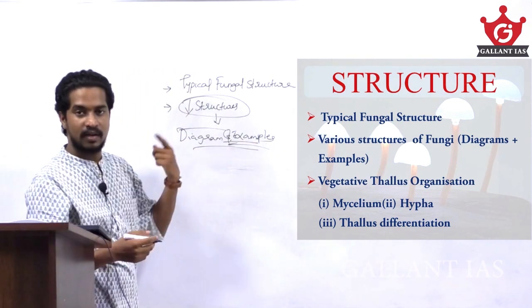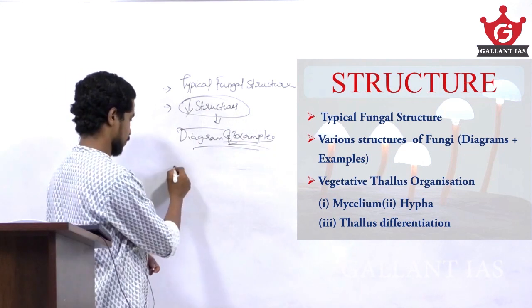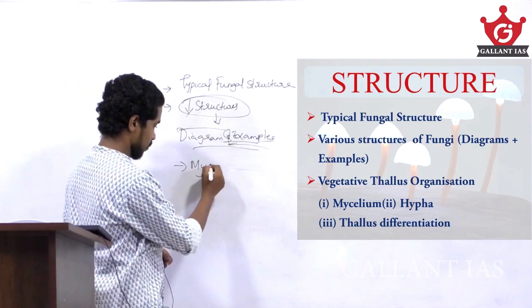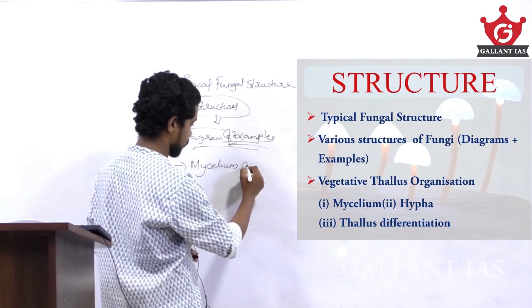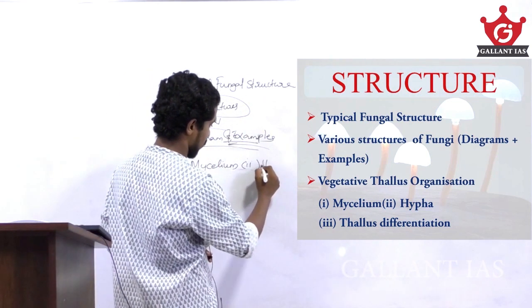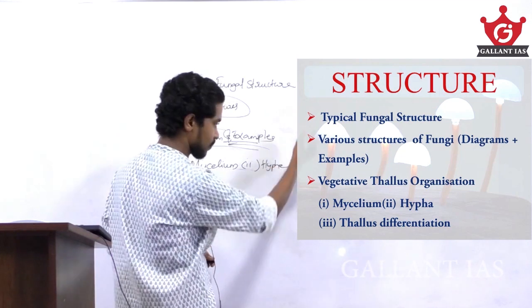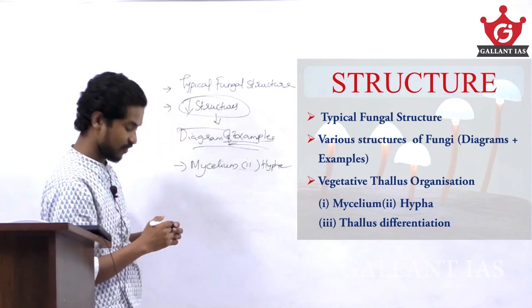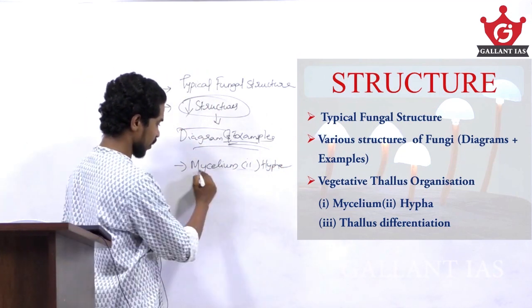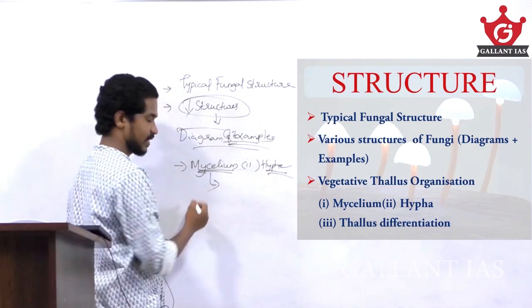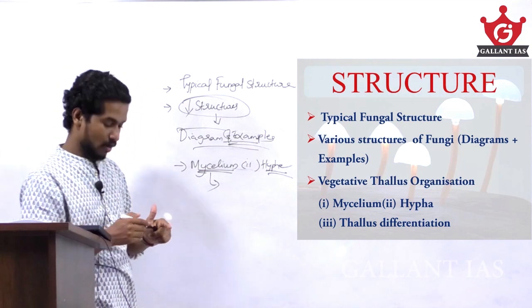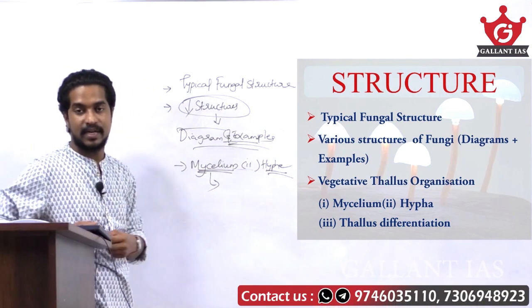And looking at the vegetative thallus organization: mycelia and hypha, and their thallus differentiation. So you have to know the mycelial types and their hypha, septate and non-septate.